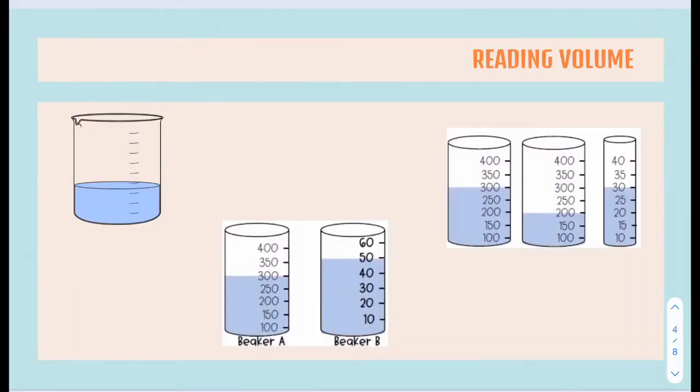So when we're reading volume, something really important to note, these are a few examples of how you'll see different volume questions. Something super duper important to notice is this beaker, for example. So when you pour yourself a glass of water, or if you've ever used a baking measuring cup, you can see that the water kind of makes this ring where it dips down a little bit in the front and it's a little bit higher in the back.